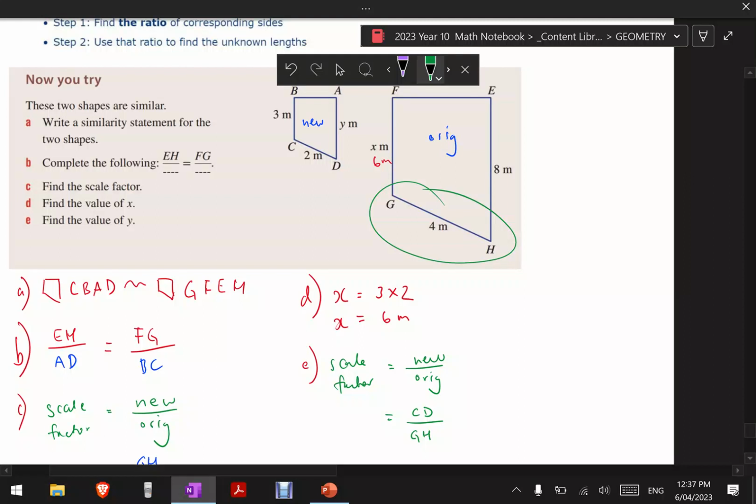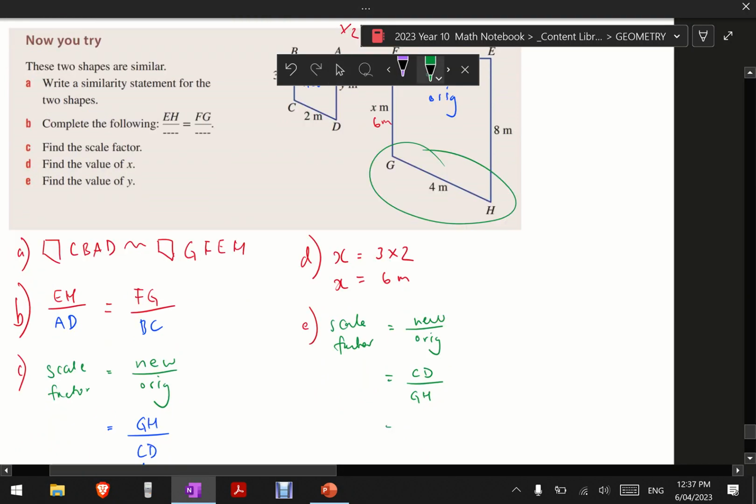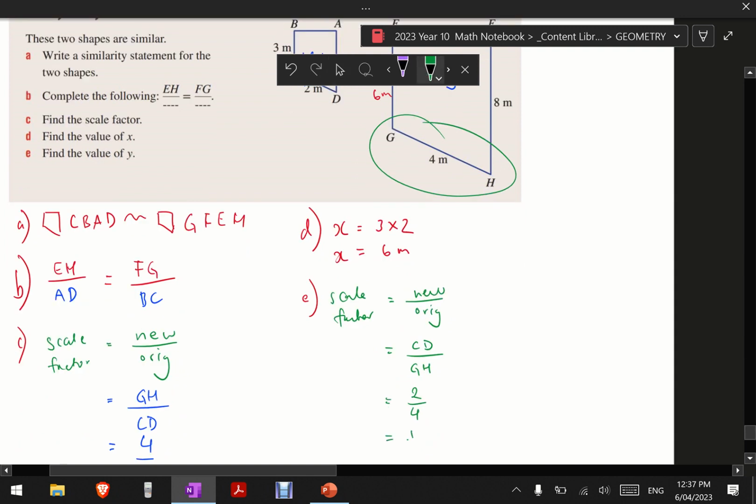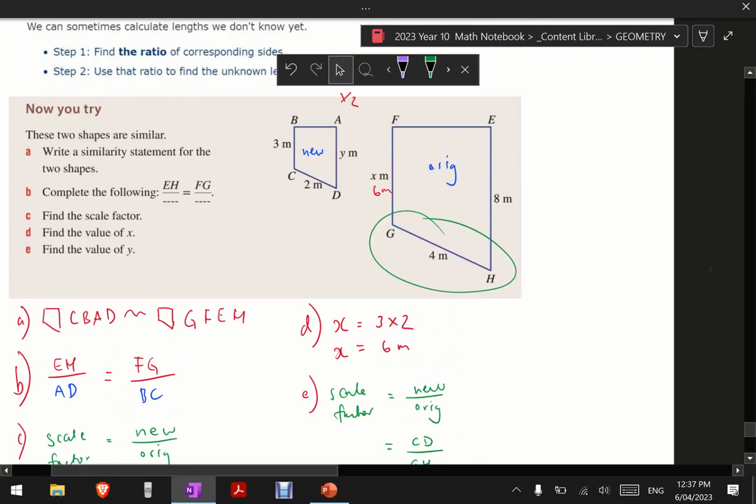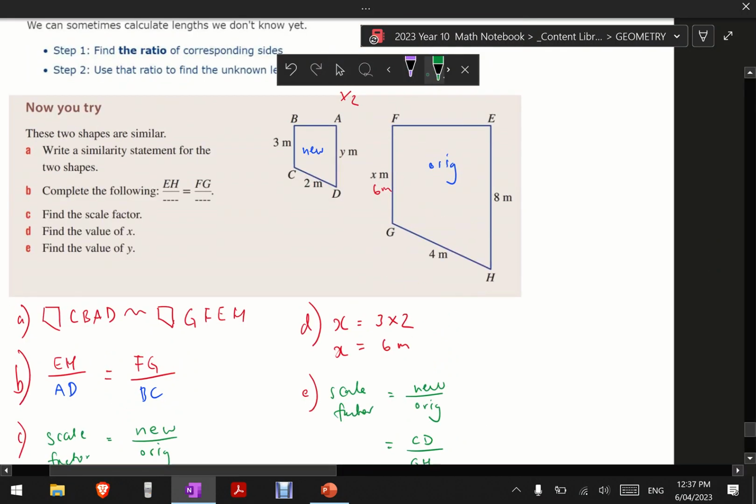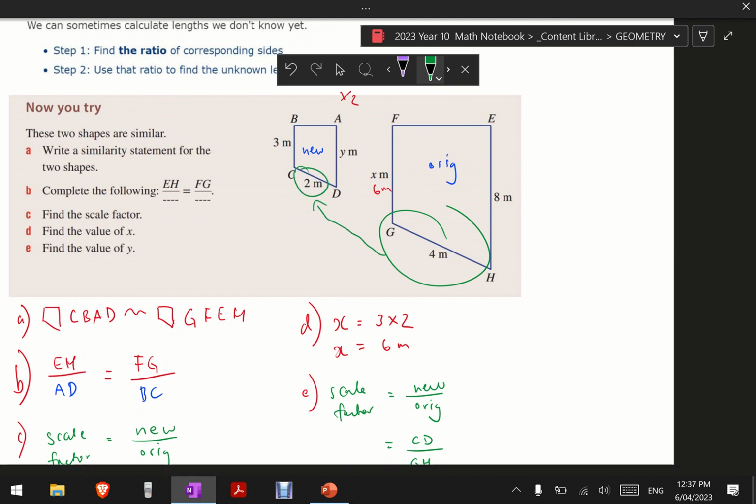Now, let's solve that. The scale factor here is going to be 2 divided by 4, which equals a half, or 0.5. So if this is our original shape, and we want to find the unknown side there, we are multiplying by a scale factor of 0.5. Relating that to the question, we have to find out what y is.